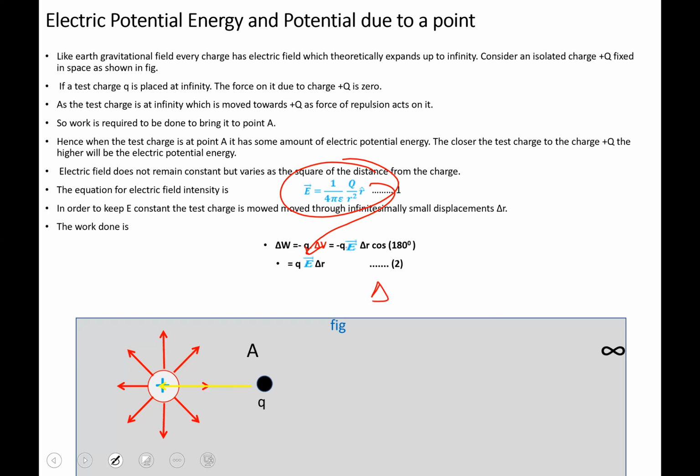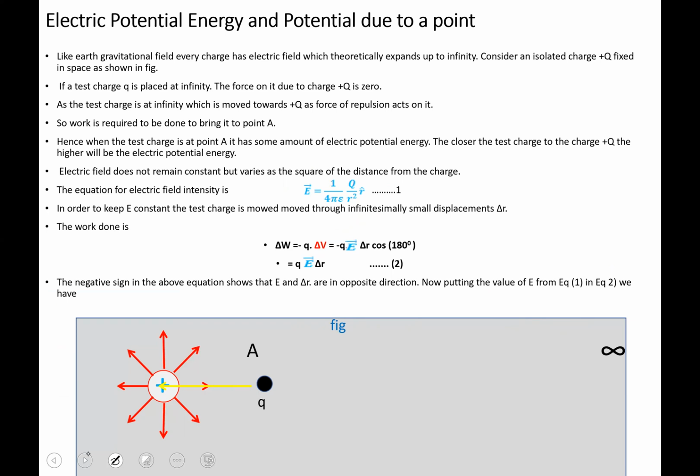We'll get W is equal to Q into 1 over 4 pi epsilon naught into Q over R square multiplied by delta R. If we bring in the negative sign, we have the negative sign in the above equation, which shows that E and delta R are in opposite directions. So this negative sign and this cos 180 will cancel out, so we get a positive sign.